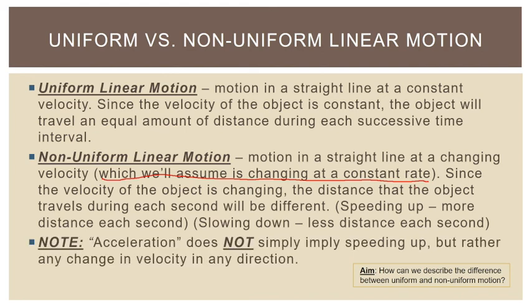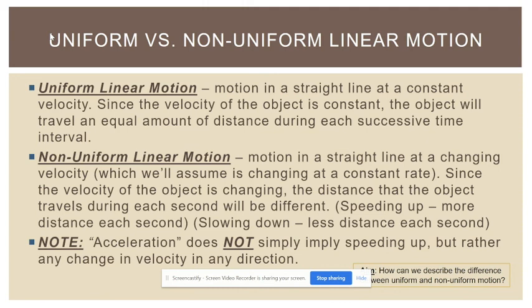And the last point, when we use the term acceleration in physics, it does not simply imply speeding up, but rather any change in velocity in any direction. In the common lexicon, we have the words acceleration and deceleration. But what normal people consider to be acceleration and deceleration in physics are just both examples of plain old acceleration.